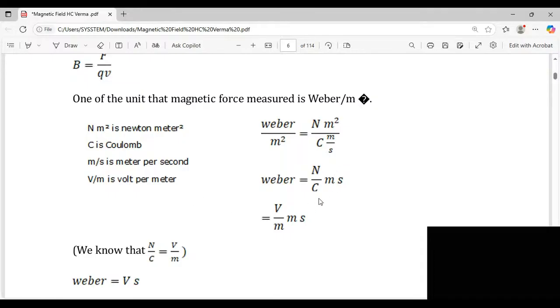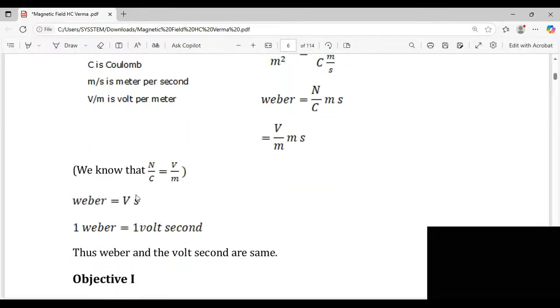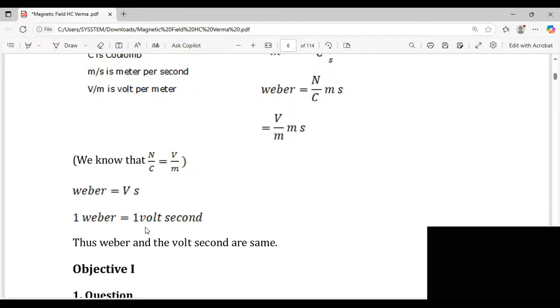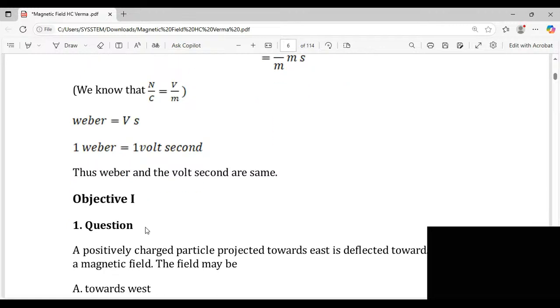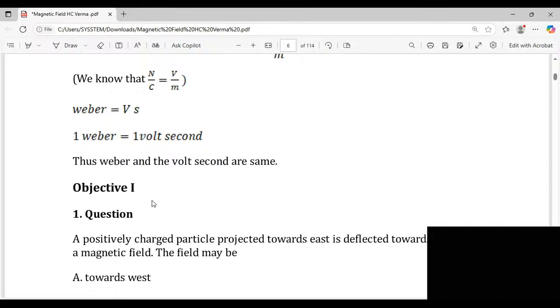Weber equals Newton per coulomb, or volt per meter per second. We know that N by C equals V by m. So Weber equals 1 volt second. Thus the Weber and the volt second are the same.